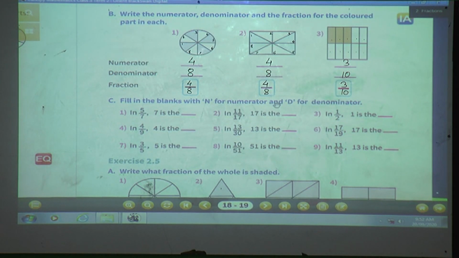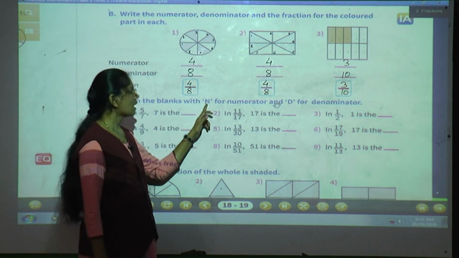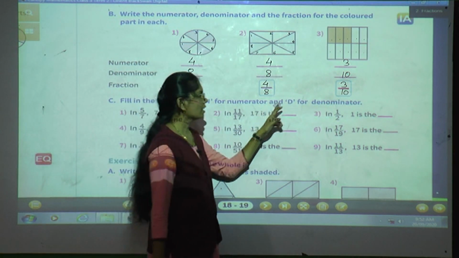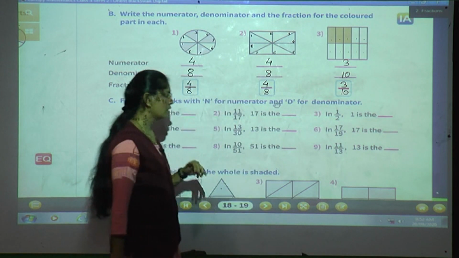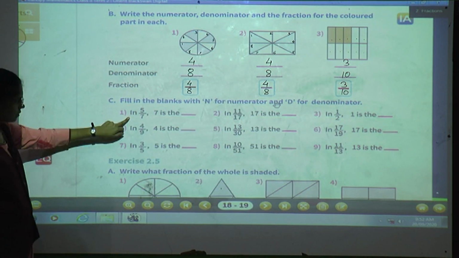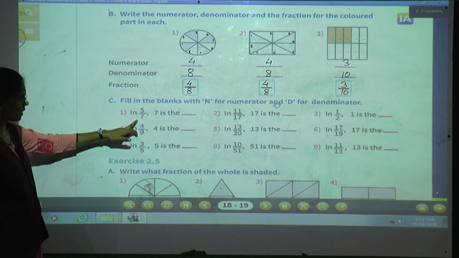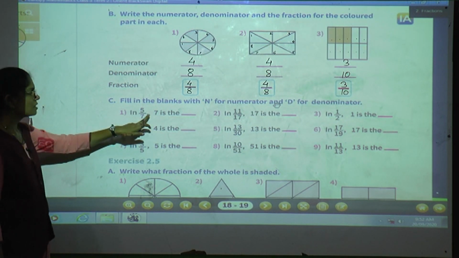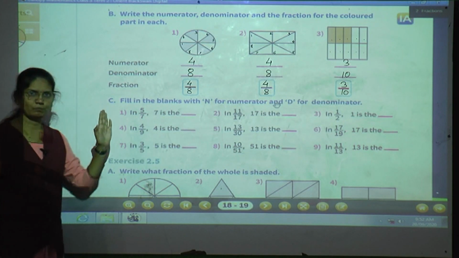Read the question. What is the question? Fill in the blanks with N for numerator and D for denominator. Let us see the examples. See the first one. In 5 by 7, 7 is the dash.